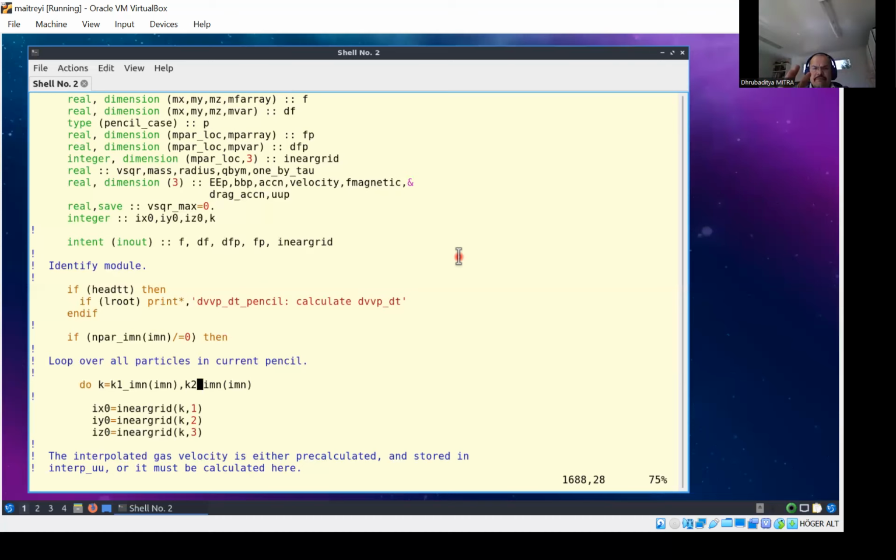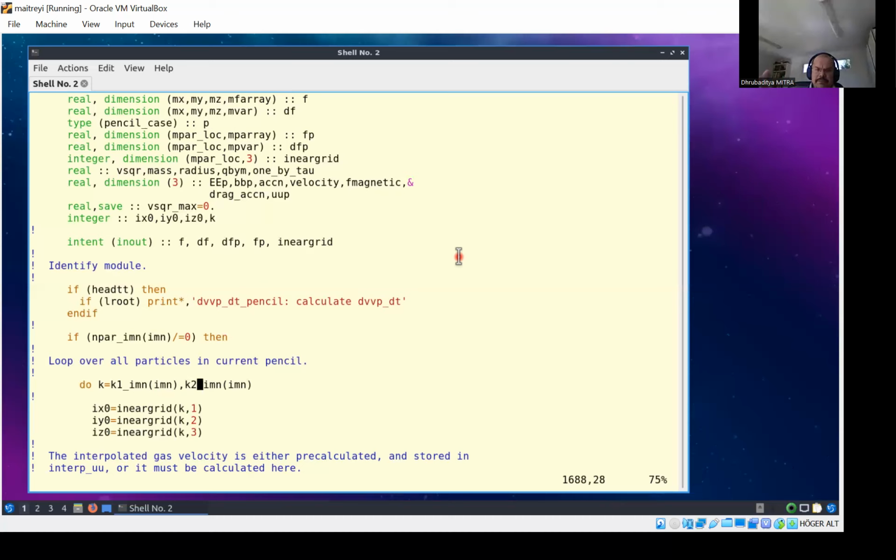One pencil is basically one geographical region in your code. And k1_imn and k2_imn contain the first and the last index of all the particles within that pencil. You remember the particles were sorted by imn. So I only need to know the first and the last one.